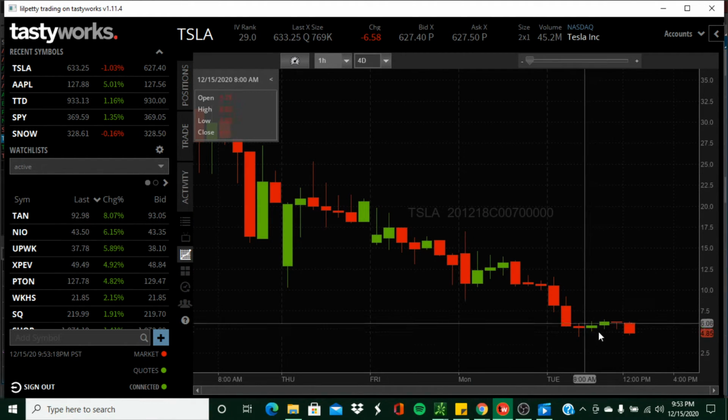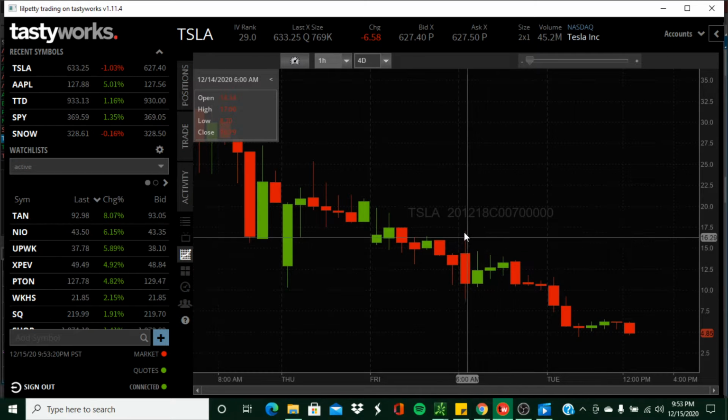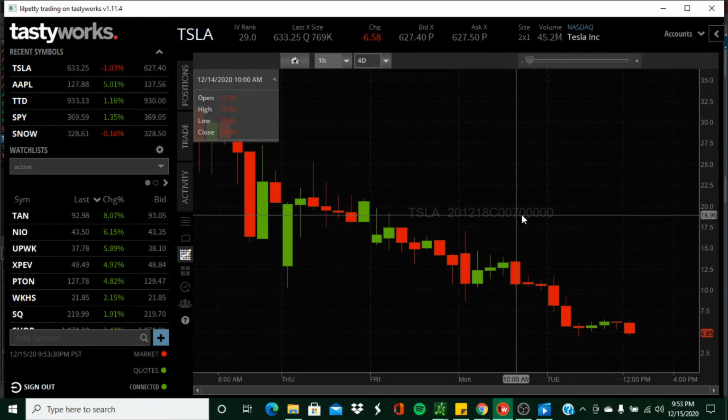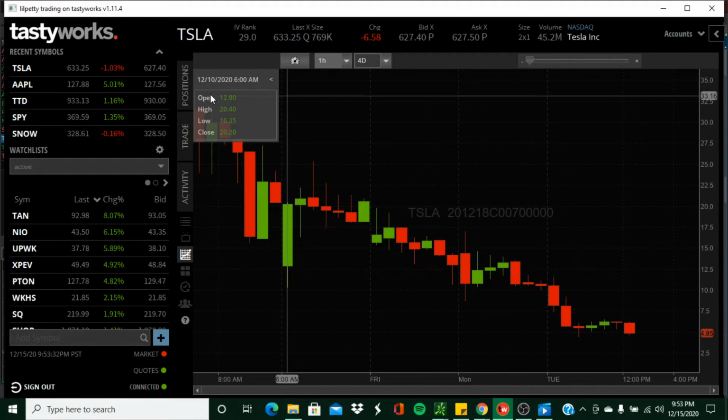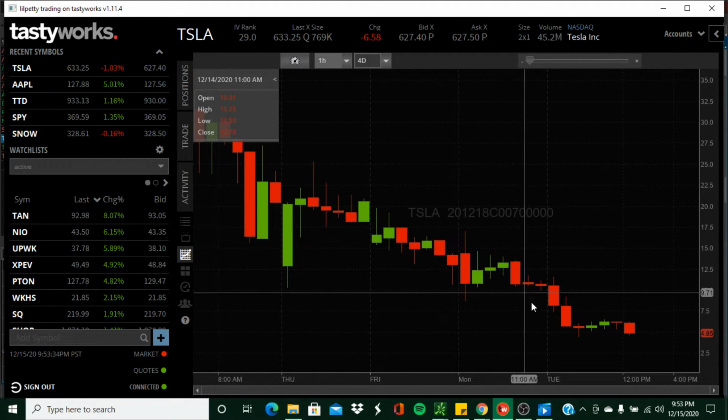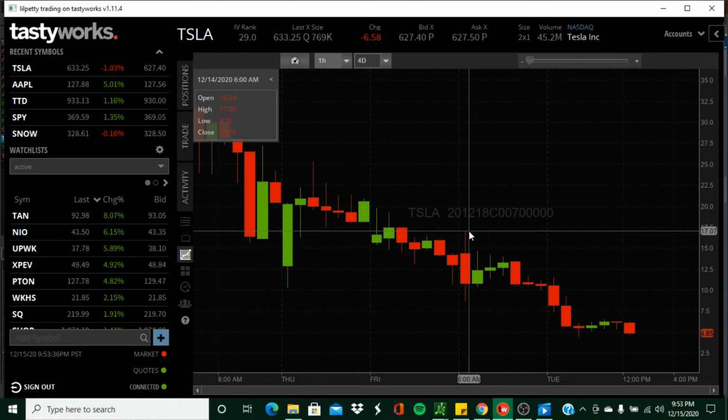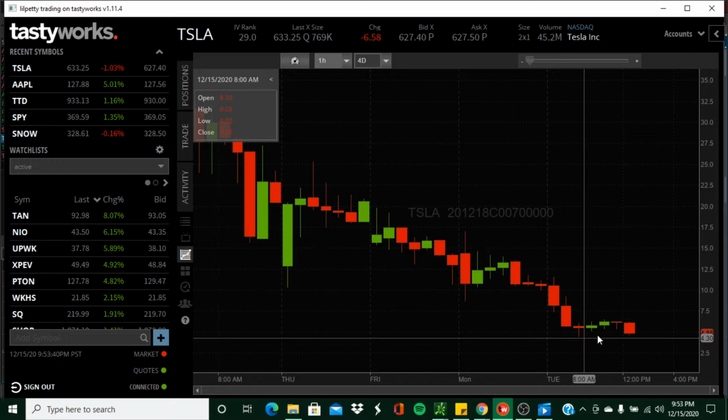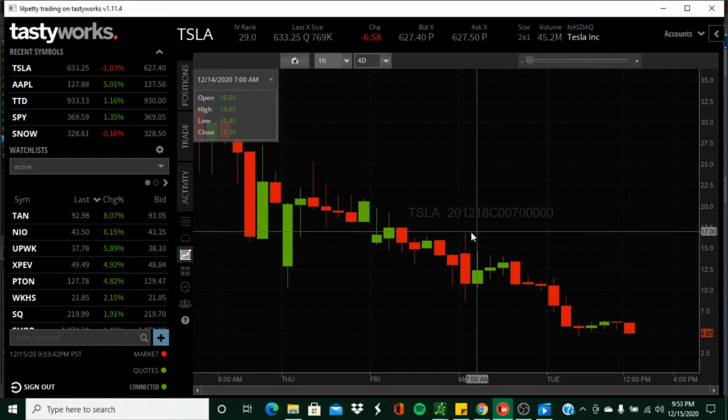So this $700 call 2 days ago was trading at the high $1,700. Now investors were selling these options because with the time decay, as long as Tesla price doesn't get to 700 and that $700 call doesn't get in the money, these contracts are going to bleed out. So they're actually selling these calls and they're collecting that money. When these calls go to zero, they basically just get to keep that money.